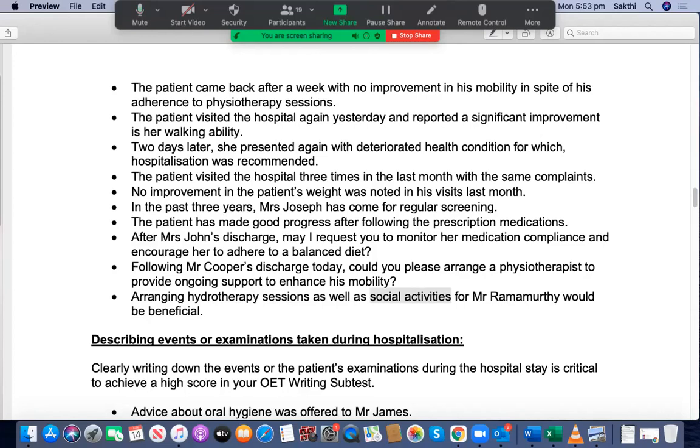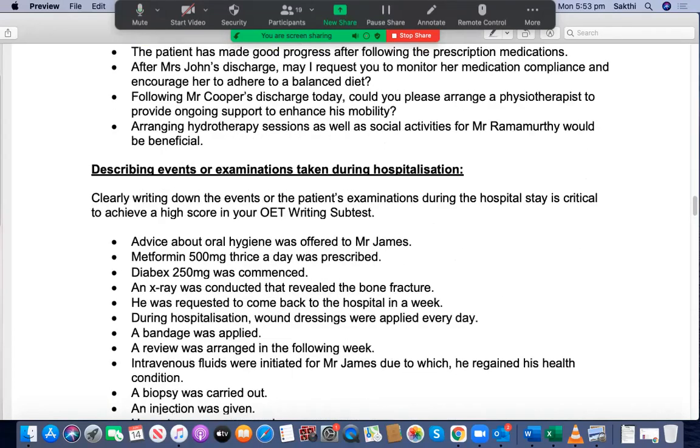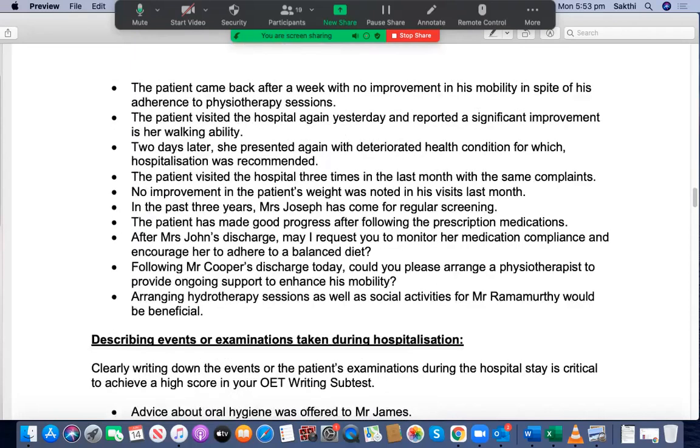Okay. All right. One at a time, please. Sir, do we need to put a question mark after his mobility in that sentence? Could you please? If you don't write this "could you" and write only "please arrange a physiotherapist to provide ongoing support to enhance his mobility," you need to put a full stop.